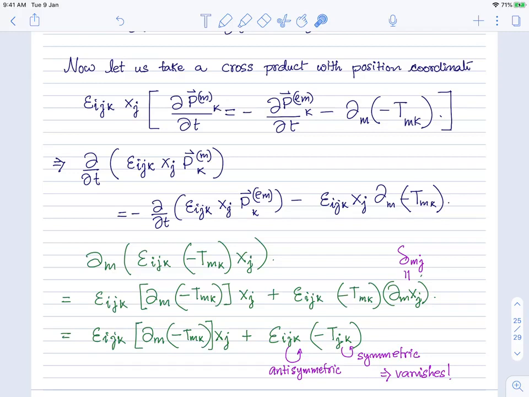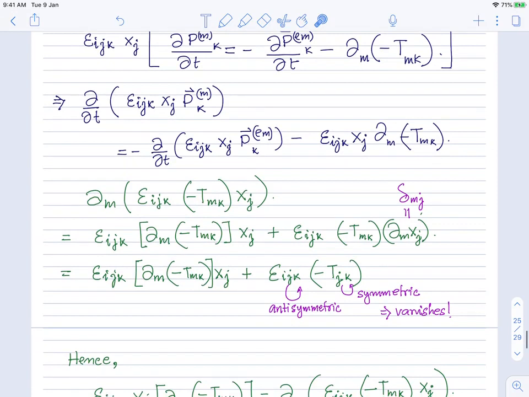So if you perform the sum over the m index, it becomes the j index. And once it becomes the j index, we see there are two indices of the epsilon that are contracted with the two indices of the Maxwell stress tensor.